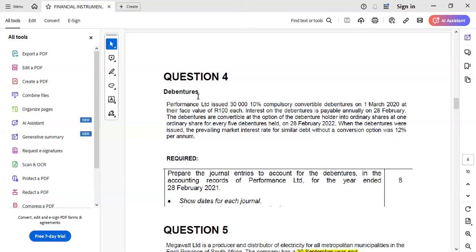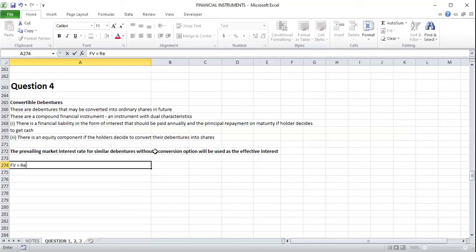You will have to use the face value, or if they tell you that maybe they are redeemable at 105, you will have to use the 105. So that will be the future value. The future value is the redemption value, the amount on maturity. If they didn't tell us about a discount or premium, you assume it is the par value. So that's 30,000 multiplied by 100, which is equal to 3 million.